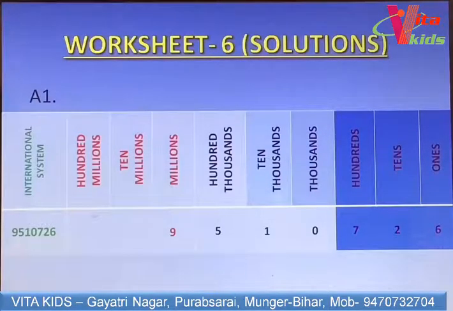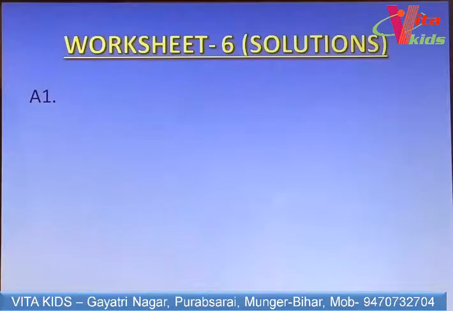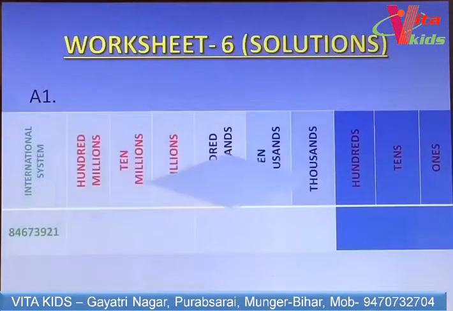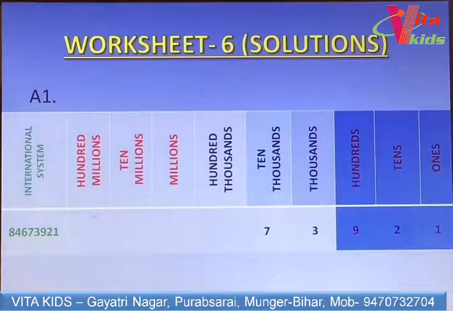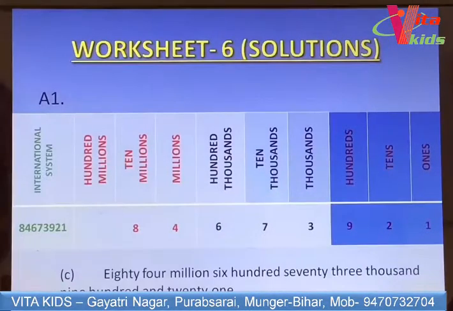When we put all of this together, we will get 9,510,726. C part, we will write the number in the place value table. So that makes our number 84,673,921.